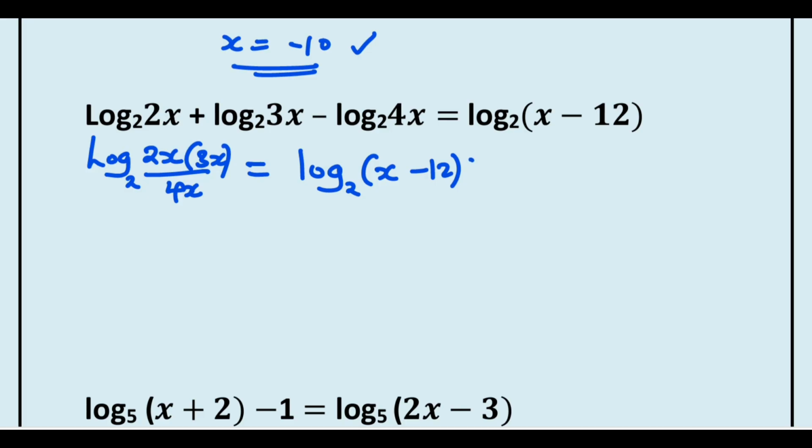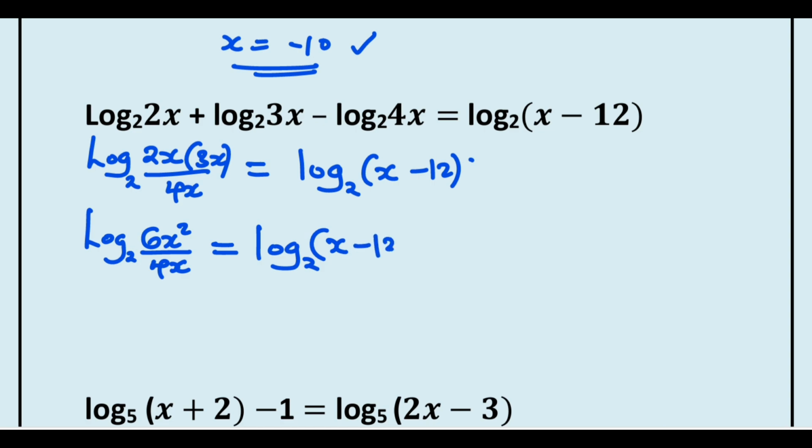Then work out this, x times 2x times 3x, that gives us 6x cubed. So we shall have log to base 2 of 6x cubed, and then divide this by 4x. Equate this to log to base 2 of (x minus 12).